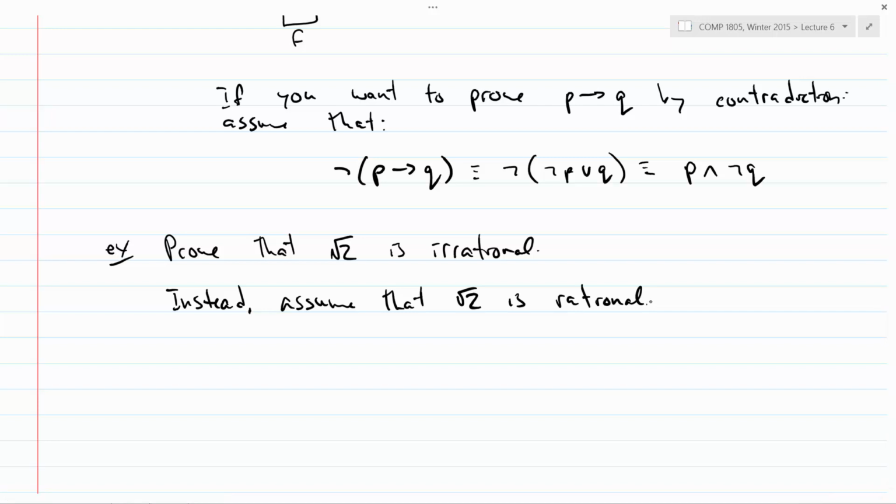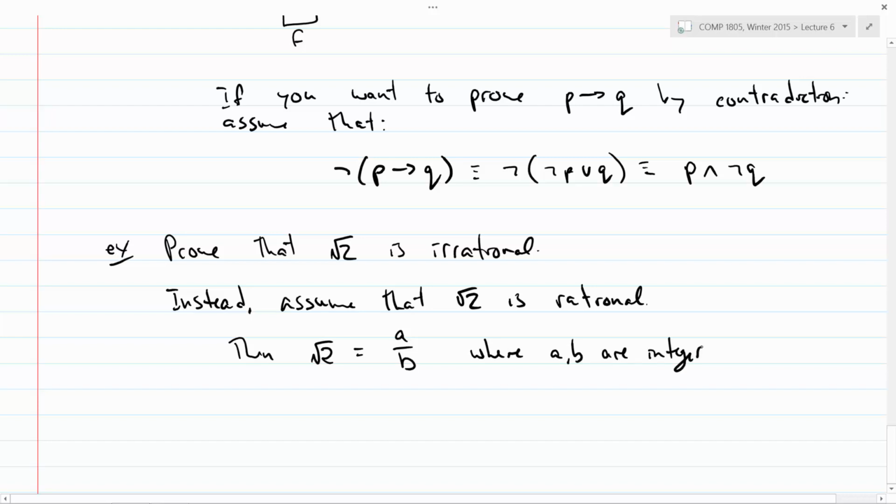All right, so if root 2 is rational, then root 2 is equal to, let's say, a over b, where a and b are integers, and b is not 0. So basically it's a fraction that has an integer numerator and denominator.